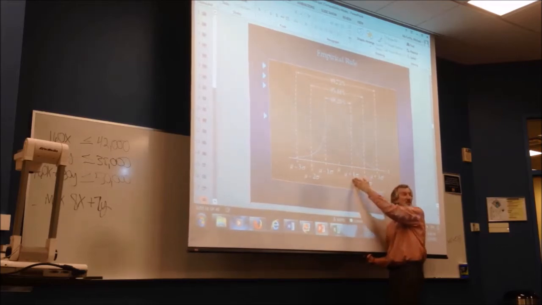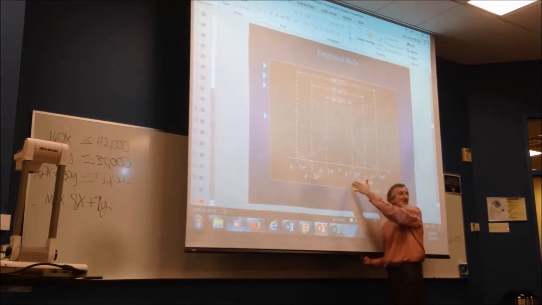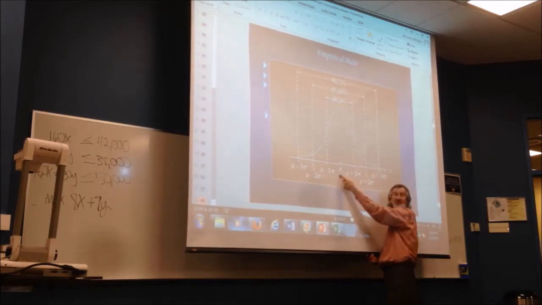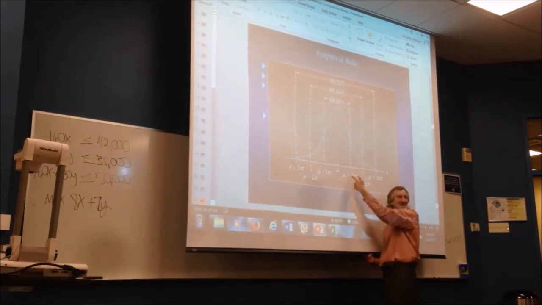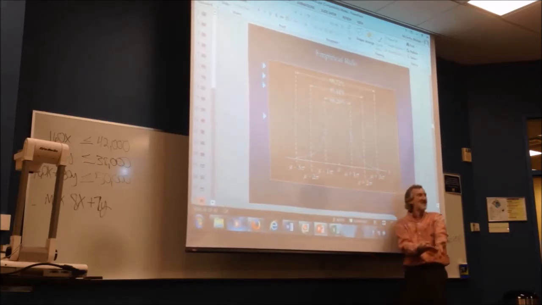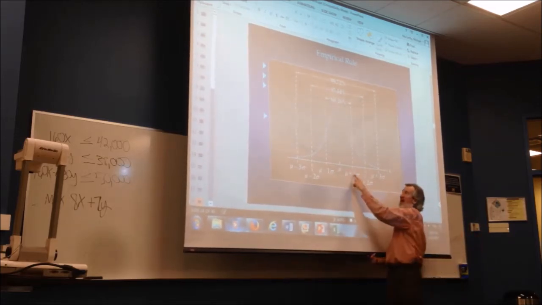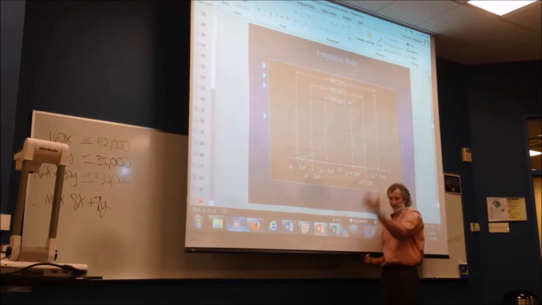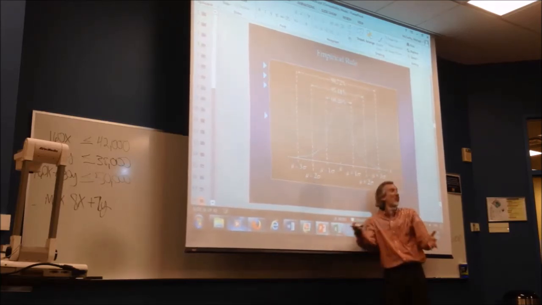So if I said to you, calculate the z for 550 when the mean is 492 and the standard deviation is 50-something, you would find the difference and divide by the standard deviation. If it's right there at 1 standard deviation, it's going to calculate to a z of 1, because 550 minus 492 equals 56, divided by 1 standard deviation, which is 56, equals 1.